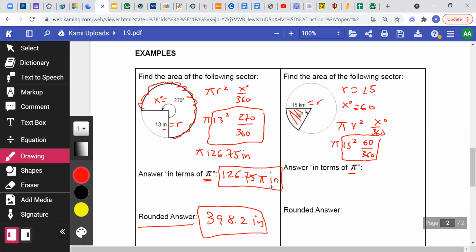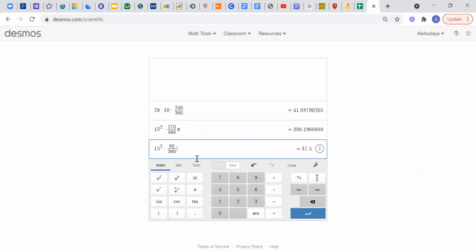So here we had 37.5. Pi goes at the back because multiplication is commutative. And then the unit here, don't forget, is in kilometers. Then the last thing to do, since they're asking us to round the answer, we're going to multiply by the exact value of pi, which, by typing pi here, gives us 117.80.